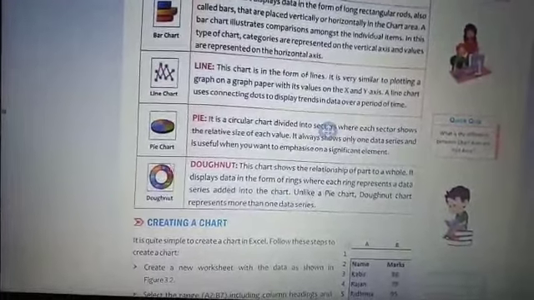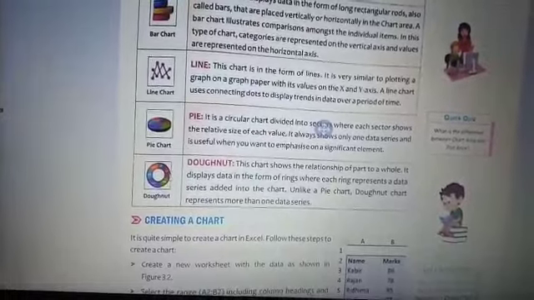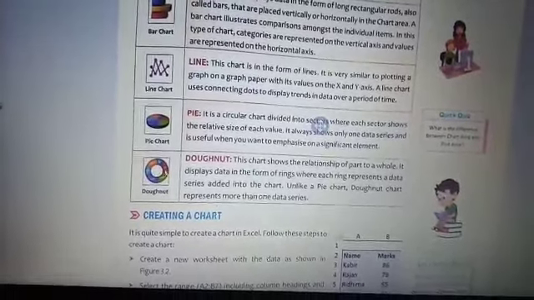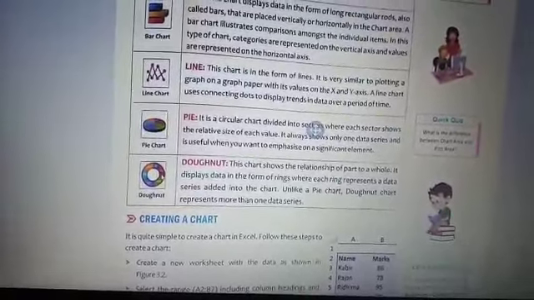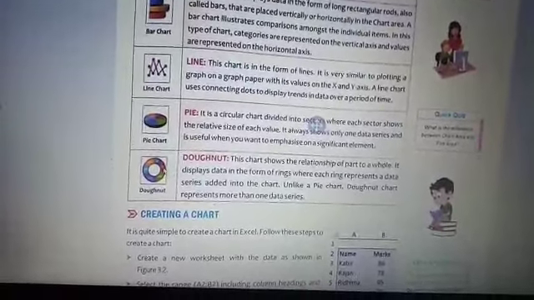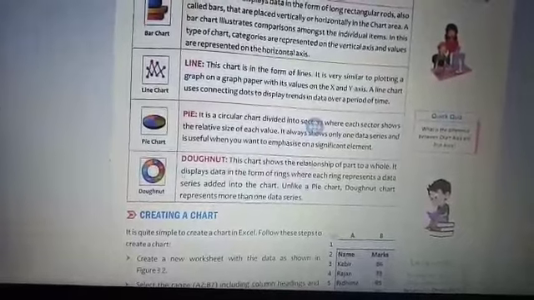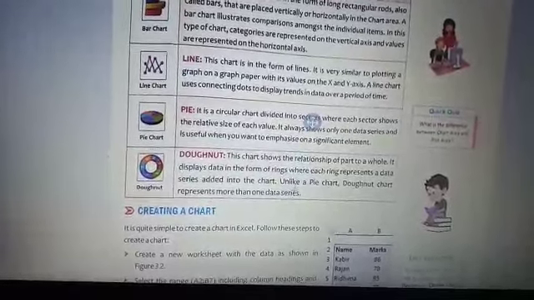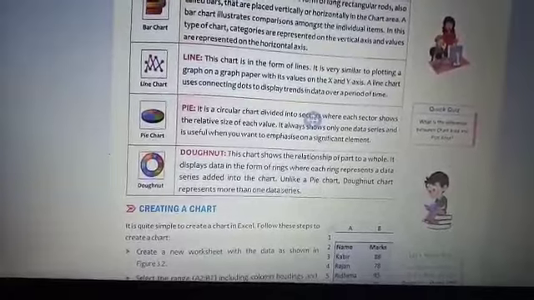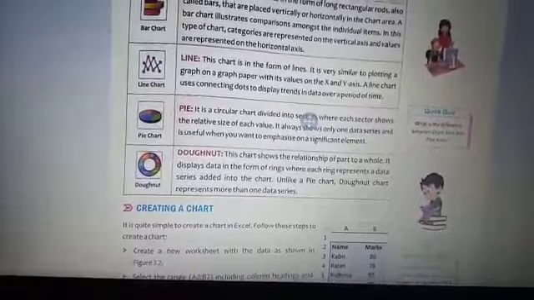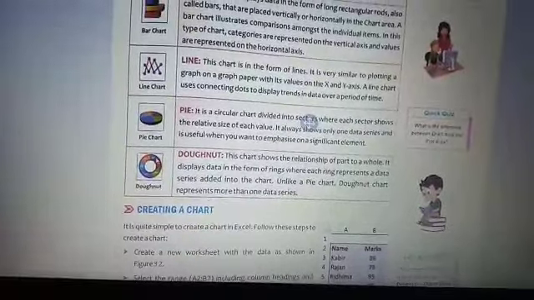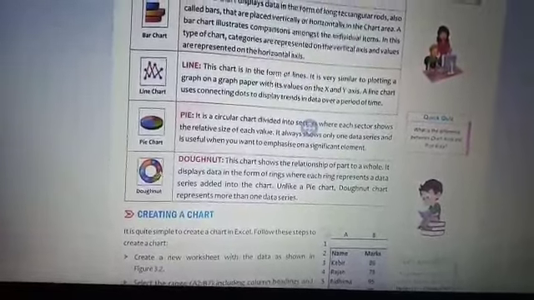All the data is shown in ring format. A particular section is defined for each field of the chart, and the complete sections make a ring. Unlike a pie chart, which represents one series of data, a doughnut chart can represent more than one data set.